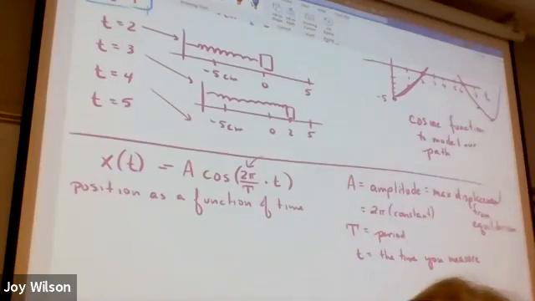So time period would be the total time to return to where you started, to original position.